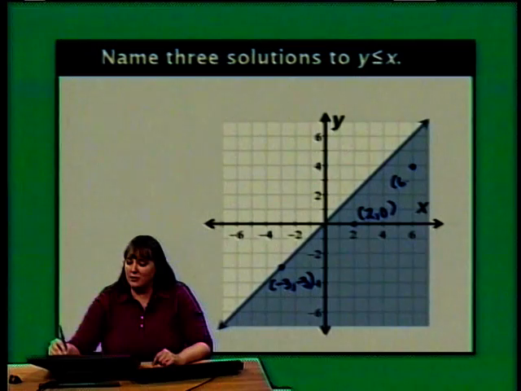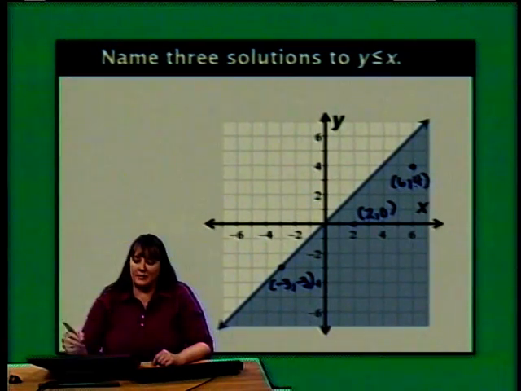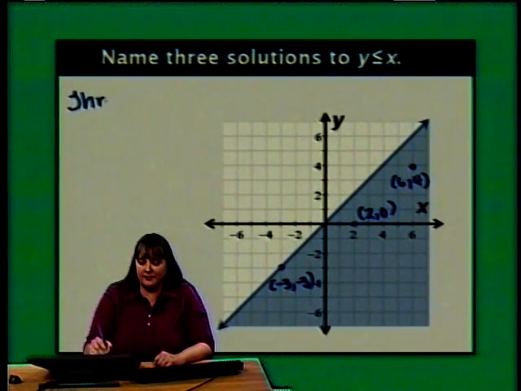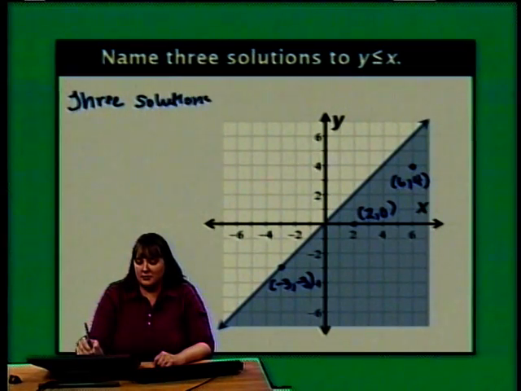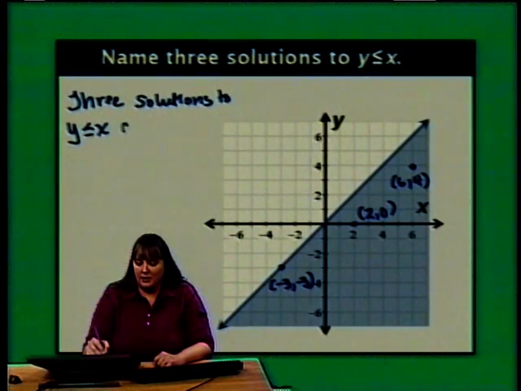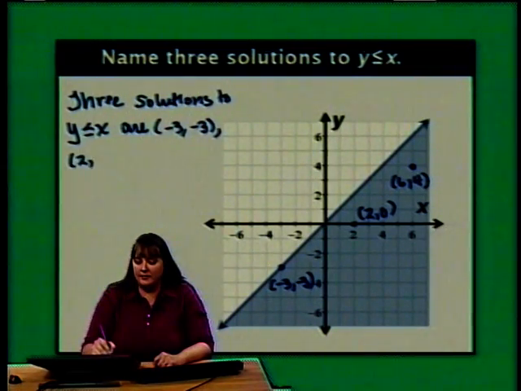The point 6, 4 also satisfies this inequality. So 3 solutions to y is less than or equal to x are negative 3, negative 3, 2, 0, and 6, 4.